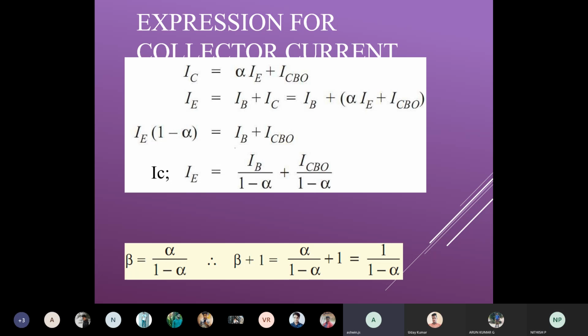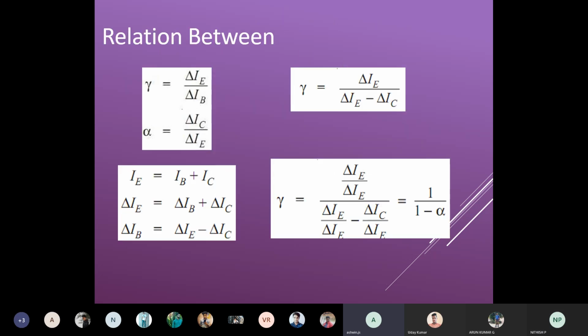So look at this. Here the alpha and gamma relation is gamma is equal to 1 by 1 minus alpha. And the gamma and beta relation is gamma is equal to 1 plus beta. So that is the relationship between alpha, beta, gamma.